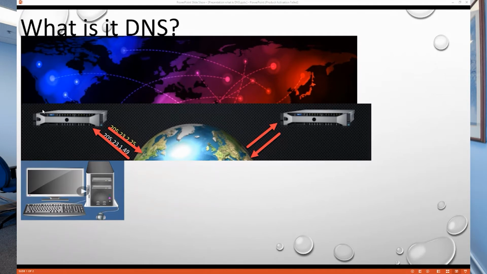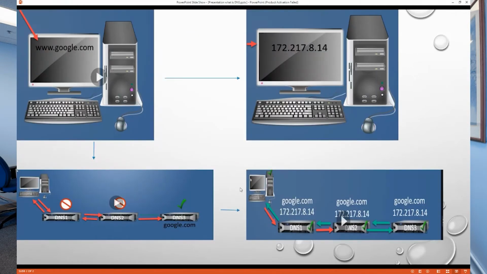From your browser, if you type www.google.com, you will get Google. Imagine if you had to type in the IP address for every website that you visit.